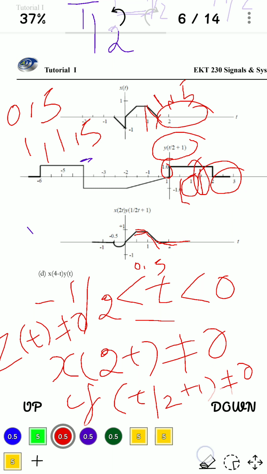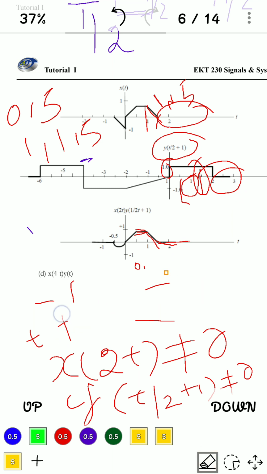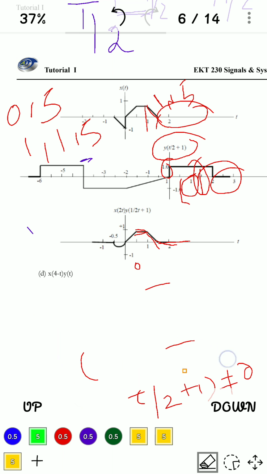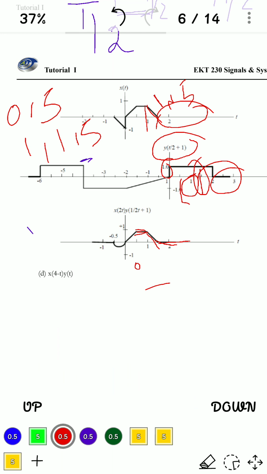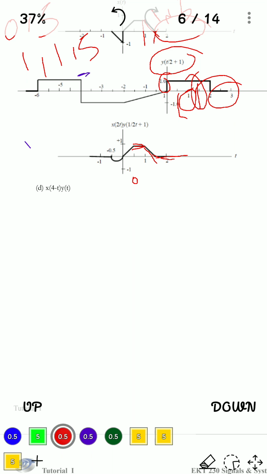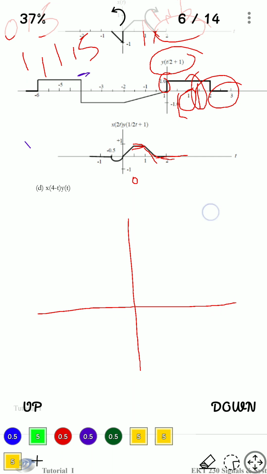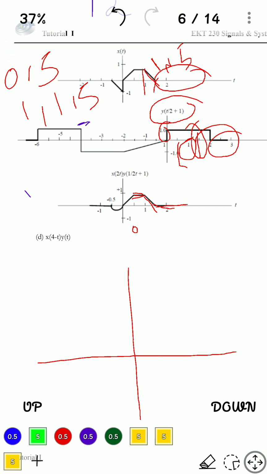If you have not got it, I'll clearly explain once again. I'll draw the signal only over here. So let me draw the signal, just a second. See here, for this signal, you did not have any signal here, right?